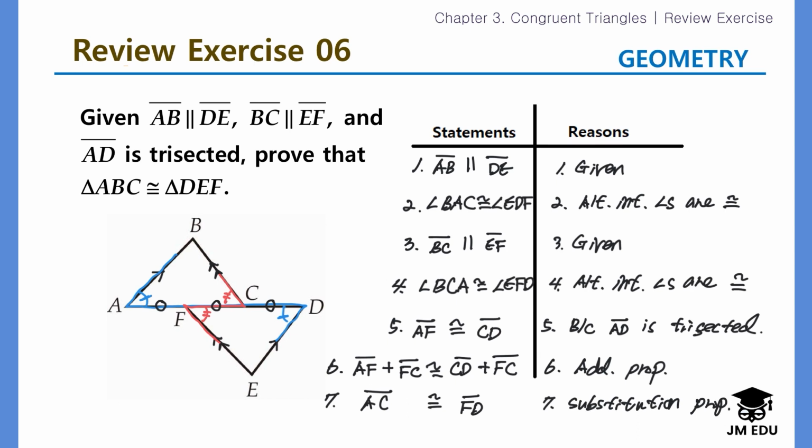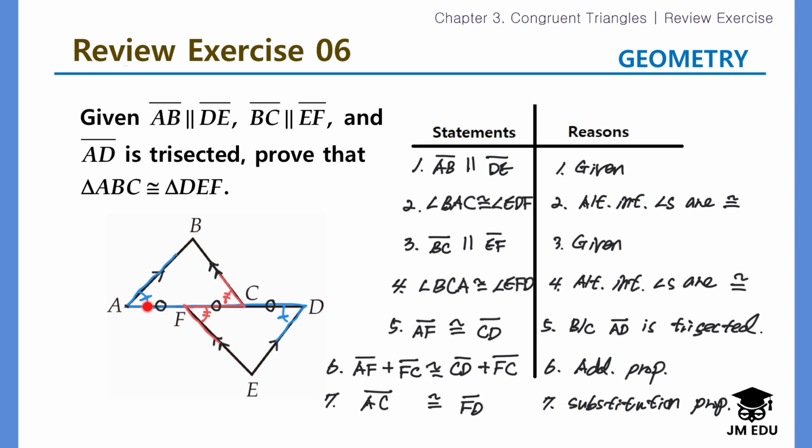right? Now we can conclude that triangle ABC is congruent to triangle DEF because we have two pairs of congruent angles and one congruent side, right?